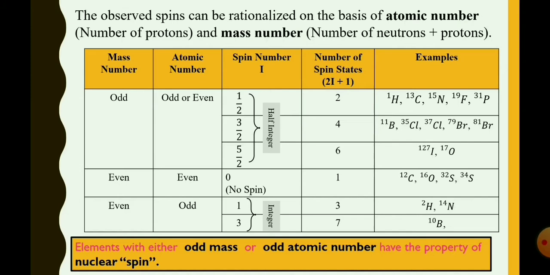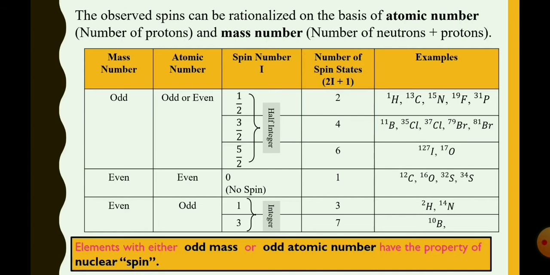Depending upon this, the number of spin states can be calculated from the formula 2I plus 1. For the half spin number, the number of spin states comes out to be 2. For 3/2 spin number, it comes out to be 4. And for 5/2 spin number, it comes out to be 6. The examples for these are proton, carbon, nitrogen, fluorine, etc.